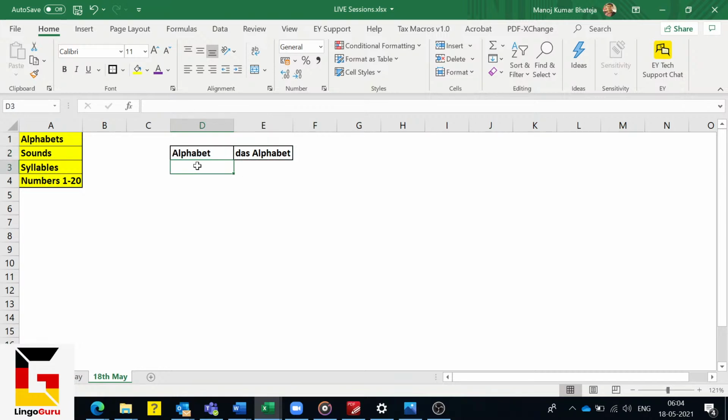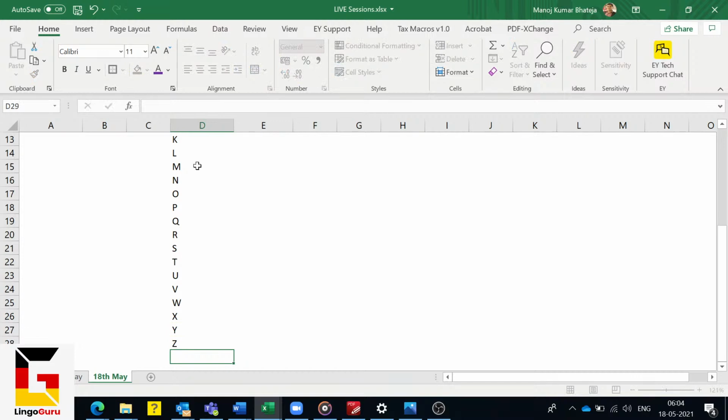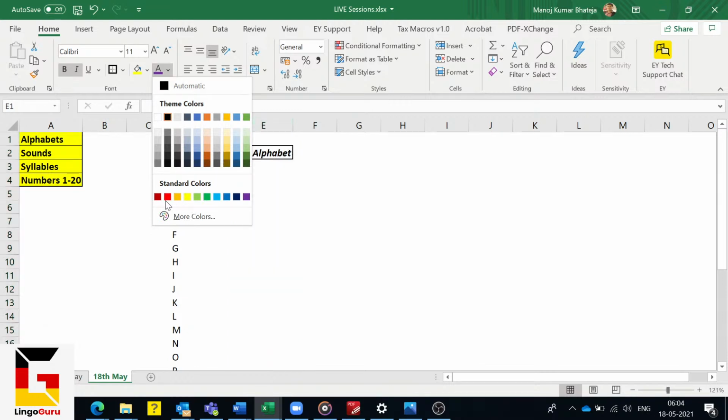So let's make a list of all the English letters we have. You see, everything is same. All letters are same. The only difference is that these letters sound different, right? They are not going to be pronounced the way English letters are pronounced.